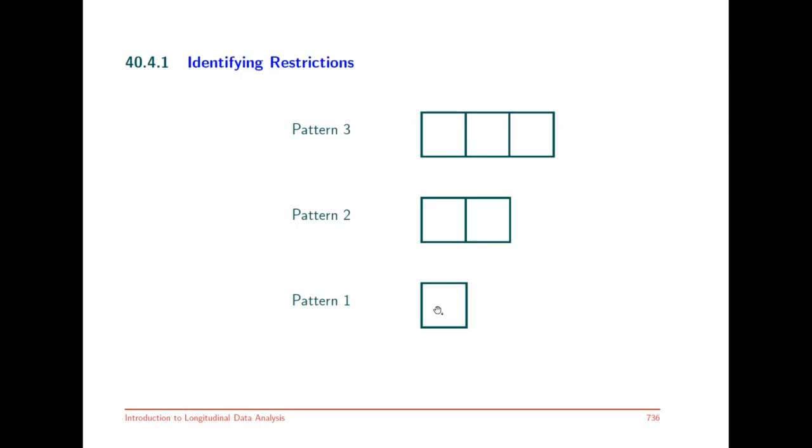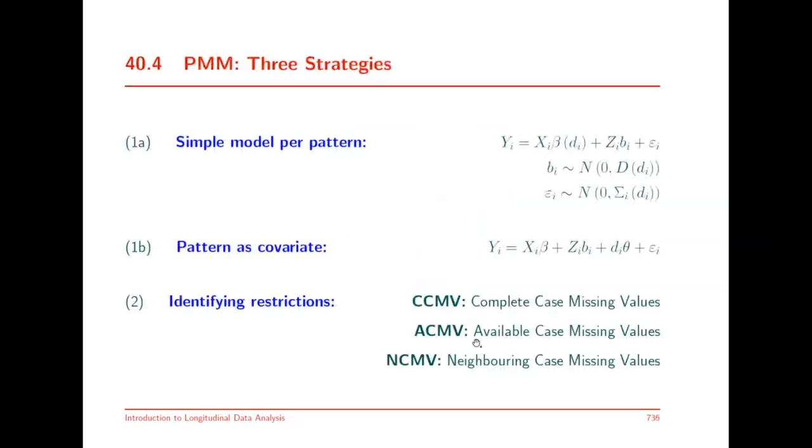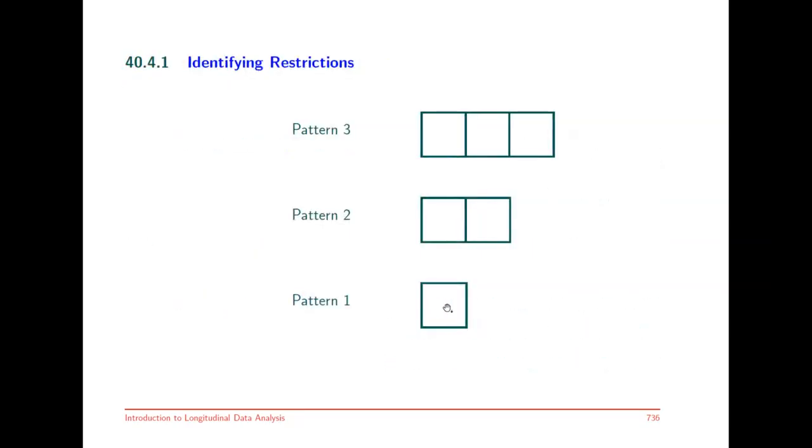I now have 3 options: from pattern 2, from pattern 3, or from pattern 2 and 3 combined. And these are the 3 identifying restrictions from the previous slide. If even in pattern 1, I go back to pattern 3, the completers, then I borrow information always from the completers. If I borrow from the closest pattern nearby, then I borrow from the neighbors.